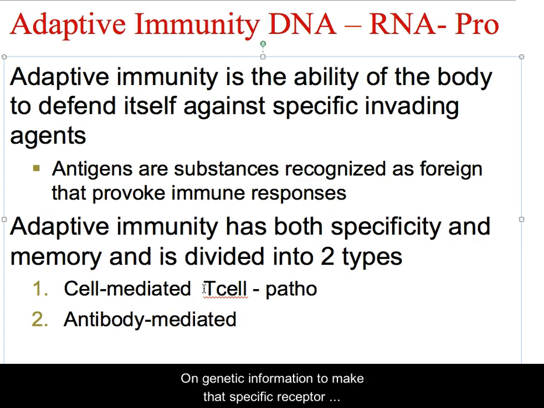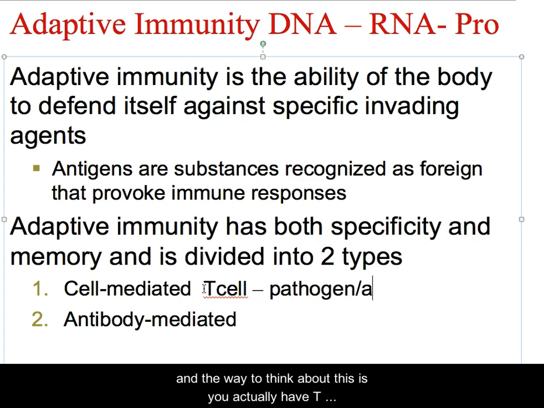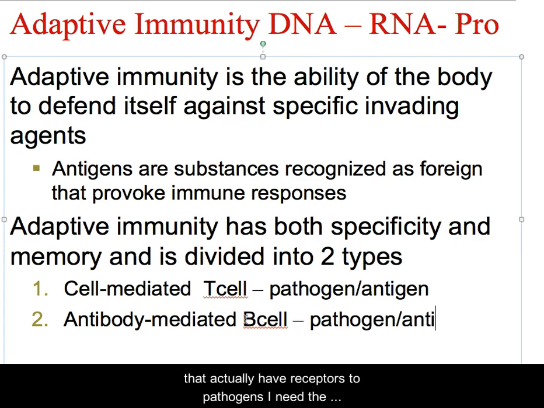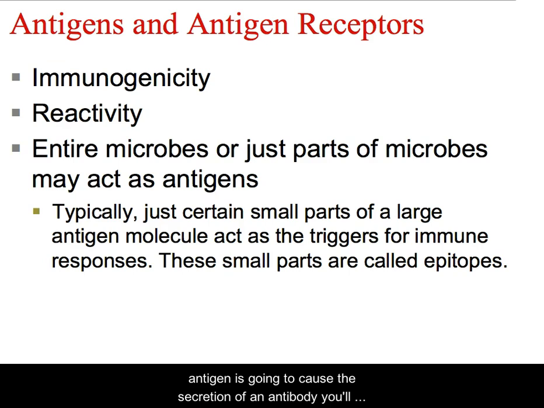And a pathogen is identified because it is specifically an antigen to the immune system. Whereas antibody-mediated immunity involves B cells that have receptors to pathogens. The important difference is that the response to that antigen is going to cause the secretion of an antibody. And you'll see how and why in a few minutes. So what is an antigen?